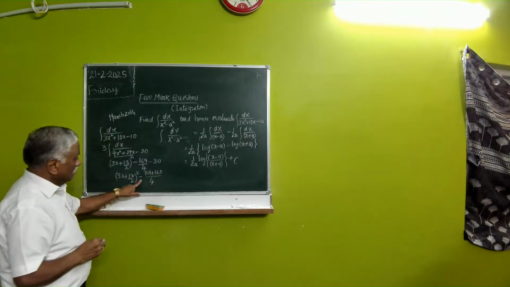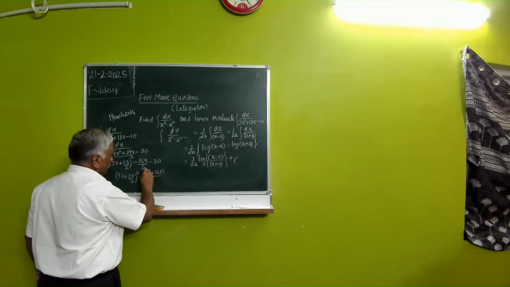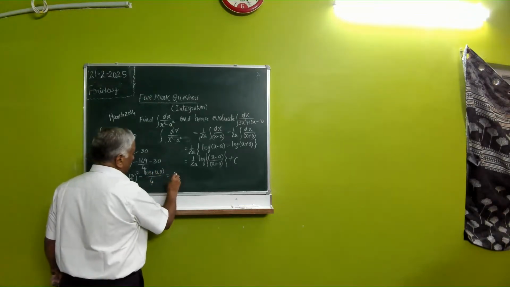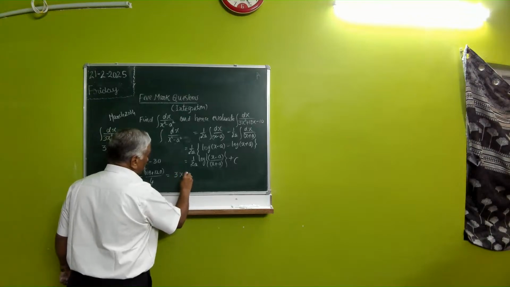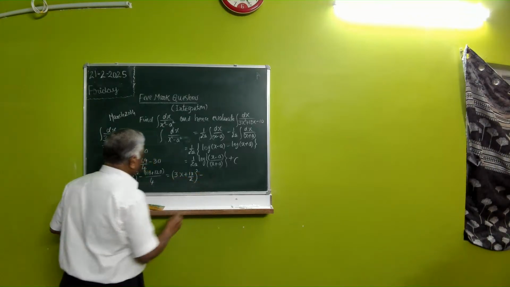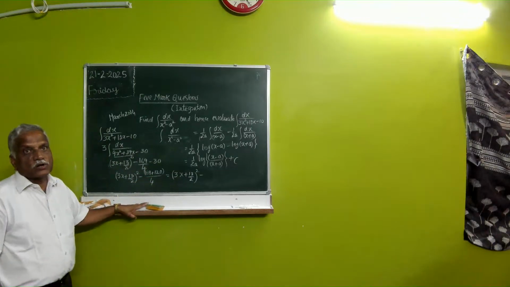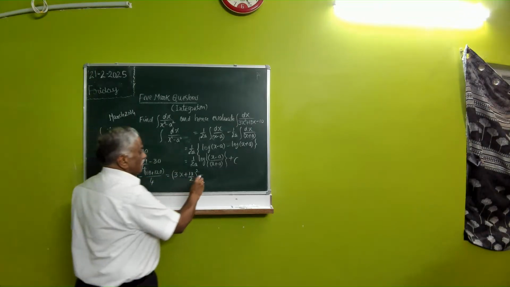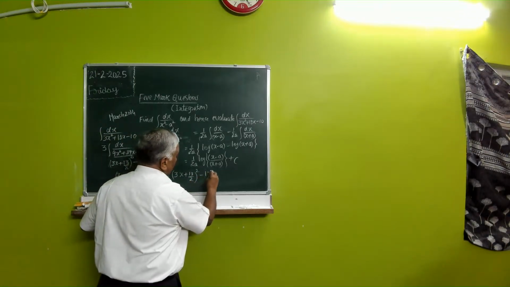Why plus? Because I have taken minus 8 common. So this is nothing but 3x plus 13 by 2 whole square, 169 plus 120 is 289. That is 17 square. So you can write 17 by 2 whole square.